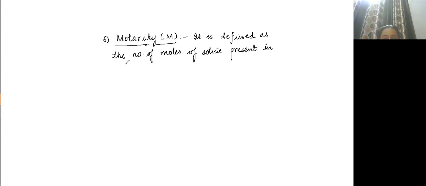It is defined as the number of moles of solute present in 1 liter of solution.